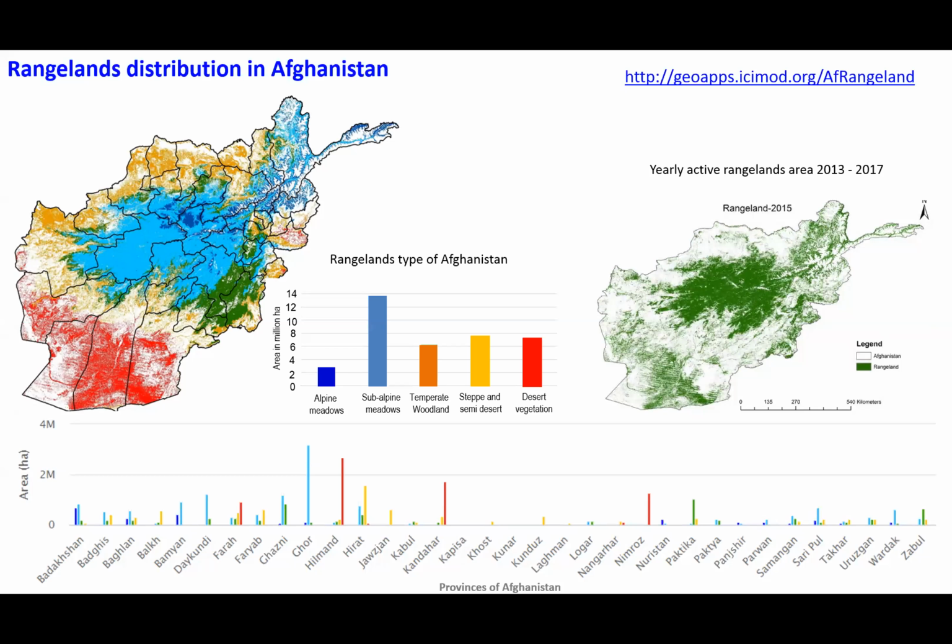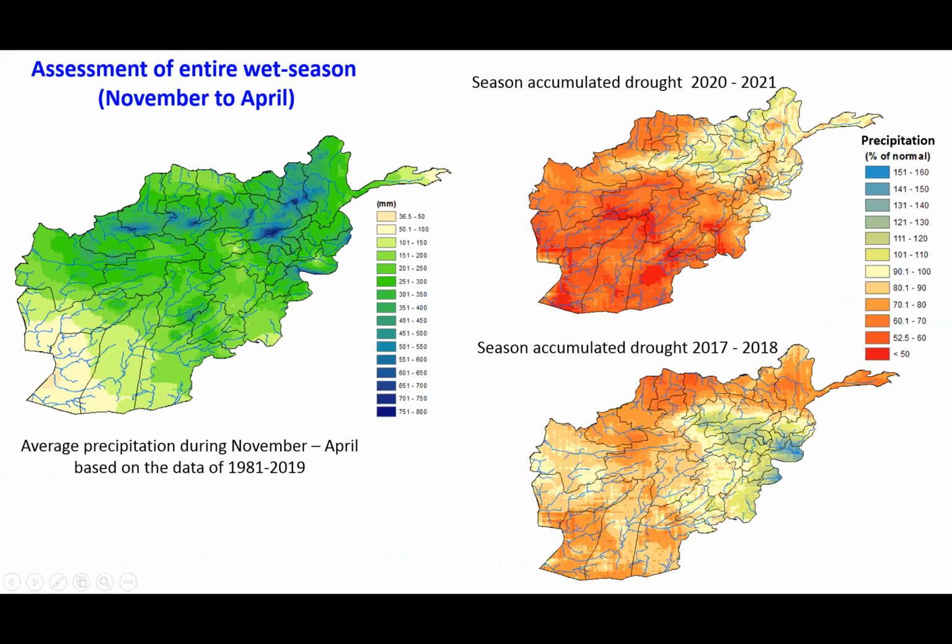So we also have a good rangeland monitoring system in Afghanistan, and we particularly focused on rangelands. I am repeatedly mentioning that when we talk about drought communication, it is very important that we communicate in a way that a decision maker can understand simply.